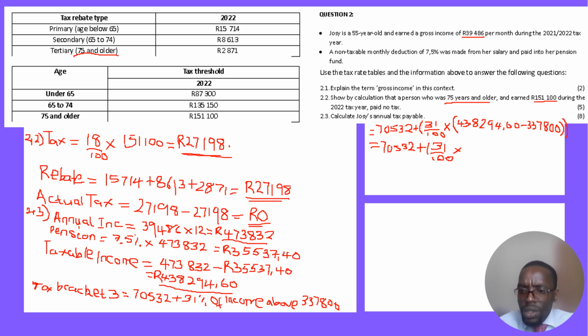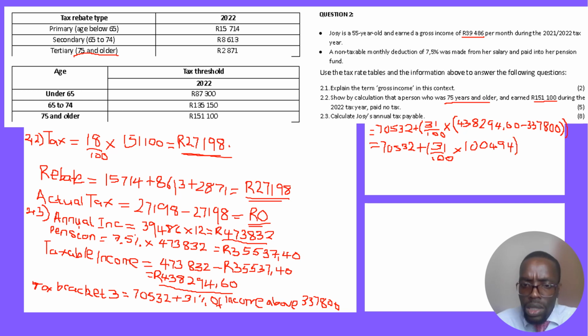Your solution for the small bracket is 100,494.